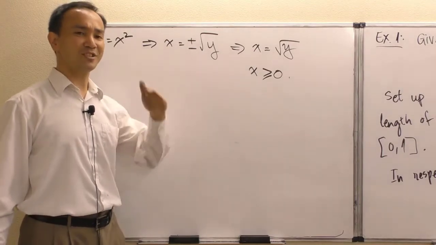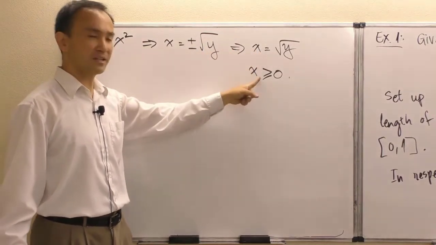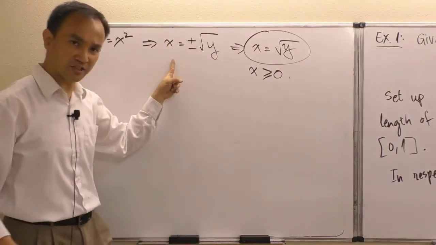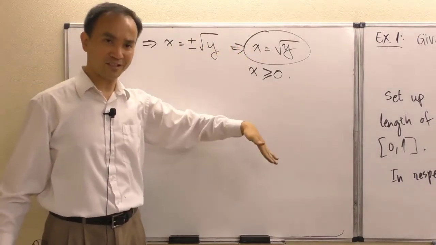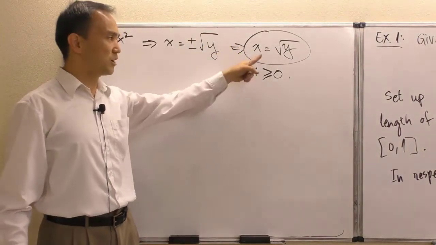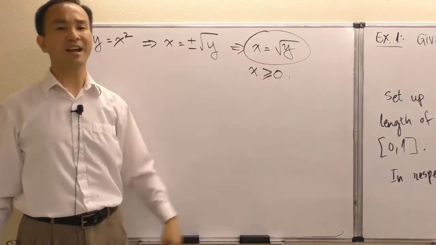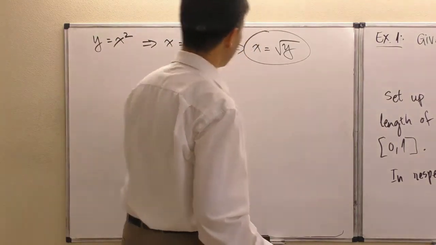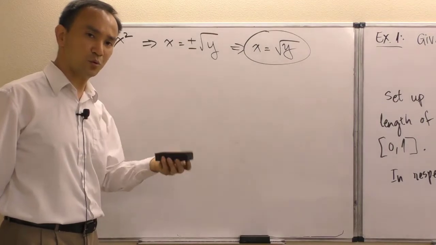We have to take the piece of curve that's consistent with x greater than or equal to 0, so we chose this one. We still have to do the plus and minus, then we rule out the one we didn't need and select the one we need appropriately. That's how it happens. In that way, I realize that the curve can be expressed as x equals square root of y.